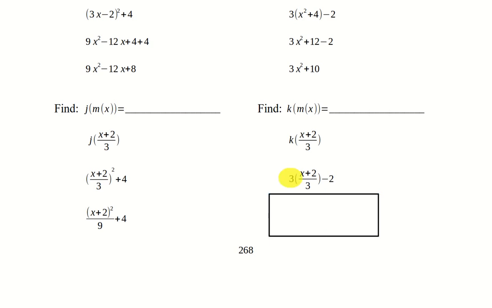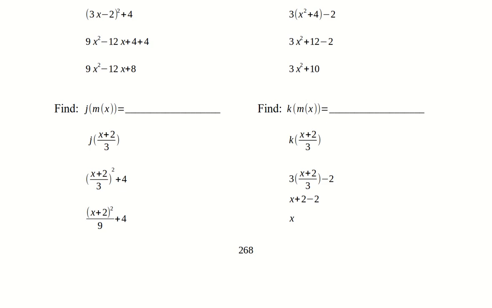The 3 upstairs and 3 downstairs, yeah, those 3's are definitely going to cancel. And after that, the 2's are going to cancel. Plus 2 minus 2. This is showing that there's a lot more structure here than these first 3 examples might lead you to believe. In fact, after the 3's cancel, all we've got is x plus 2 minus 2, and of course, plus 2 minus 2 gives us x.